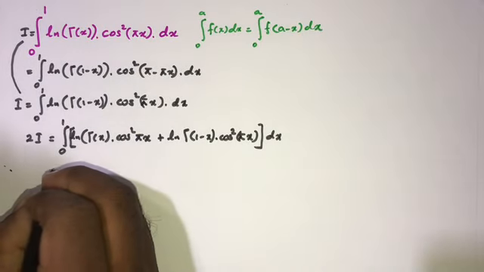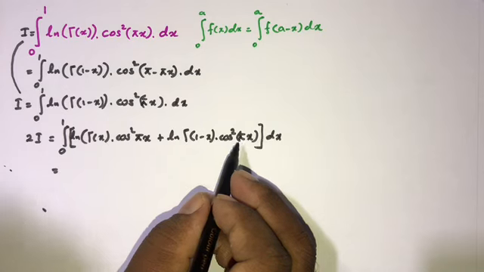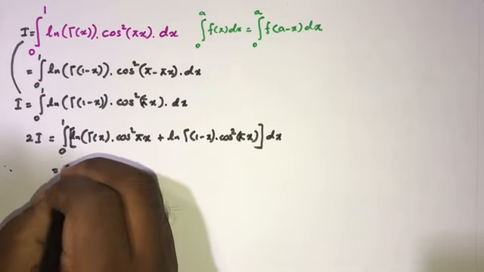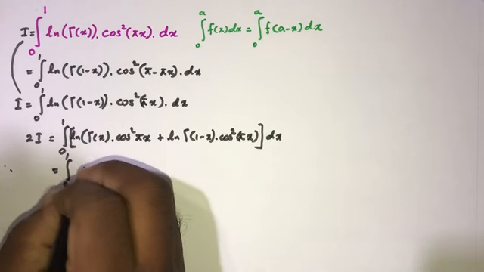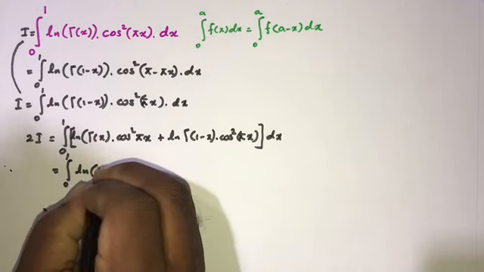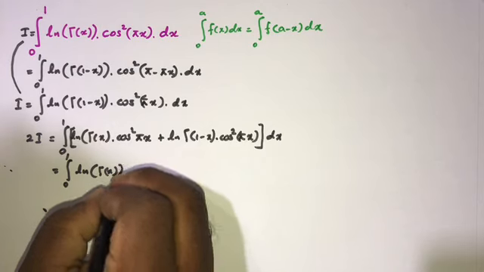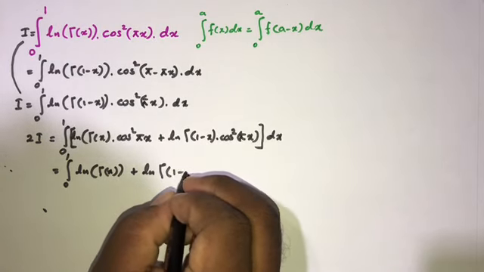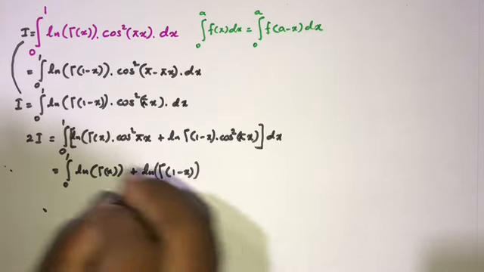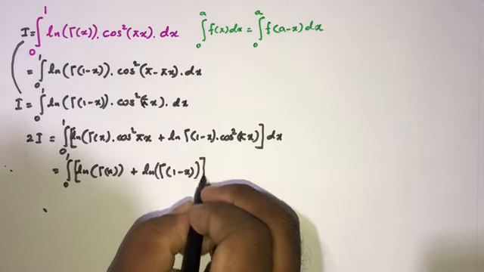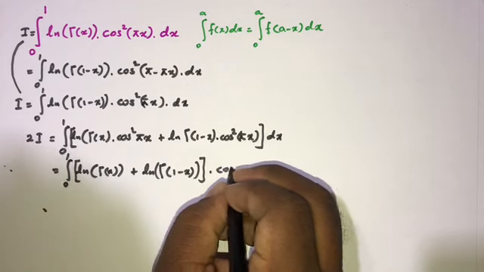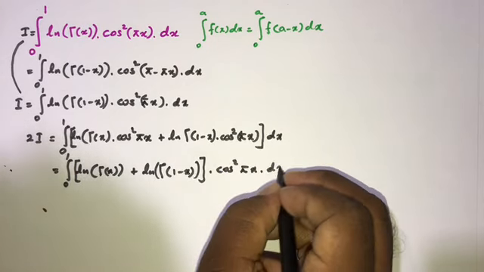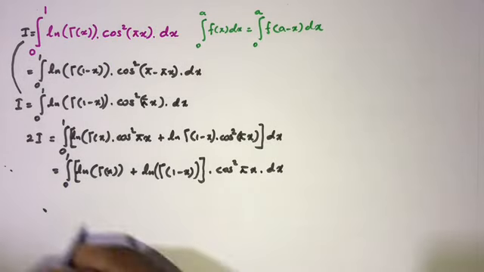Cosine square of pi x is a common factor, so we can write the integral from 0 to 1 of natural log of gamma of x plus natural log of gamma of 1 minus x, times cosine square of pi x dx.